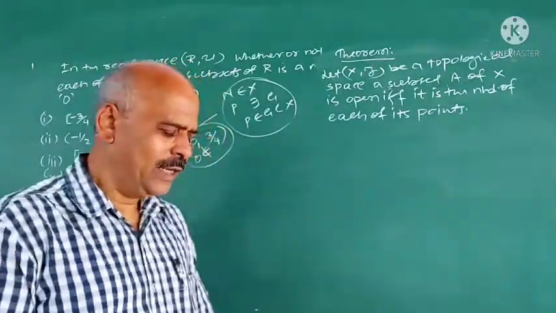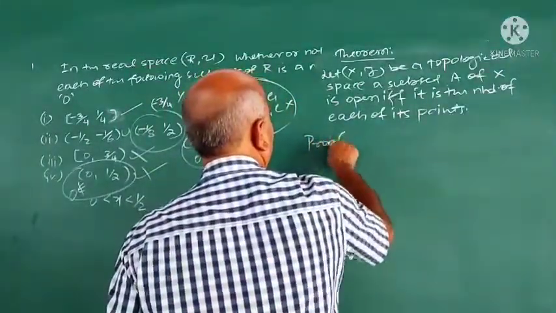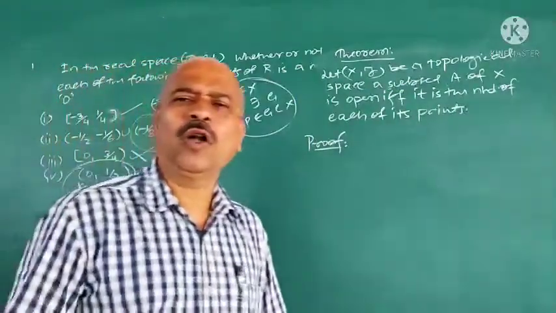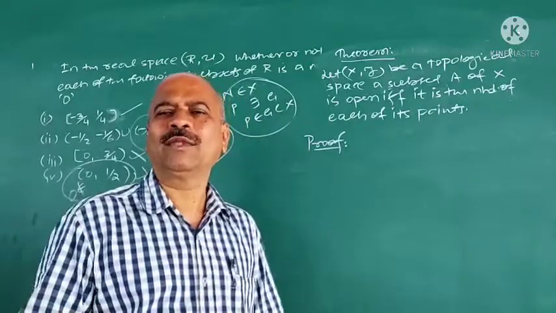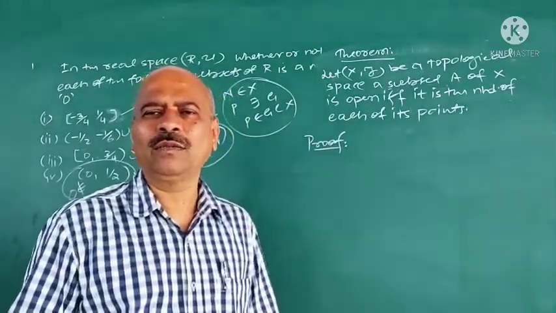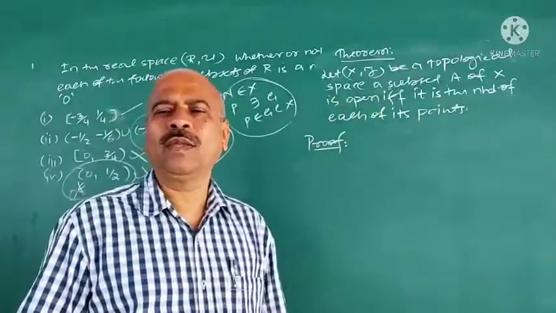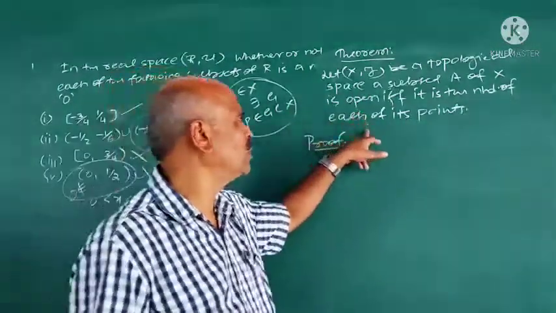Two parts are there. What is the first part? Proof of this. See, this is a very important theorem, or every theorem is important in topology. All are important. And this theorem can be converted into an MCQ, a multiple choice question. How do you make this a multiple choice question?